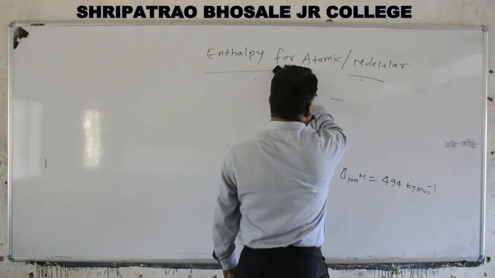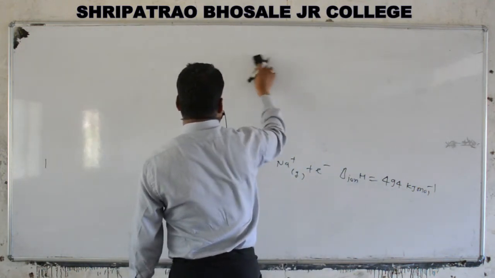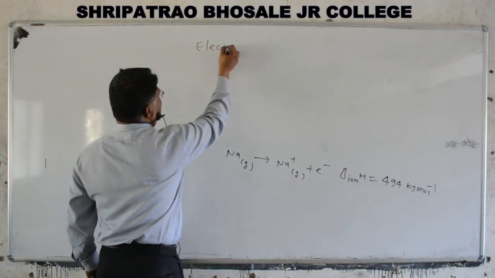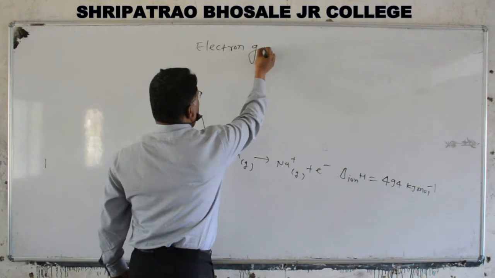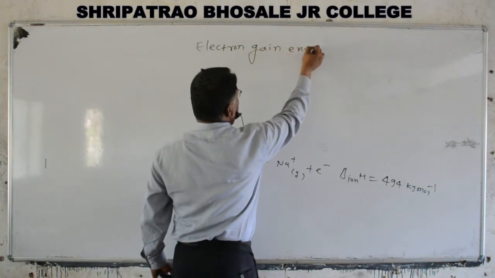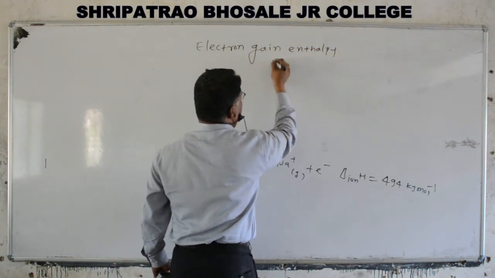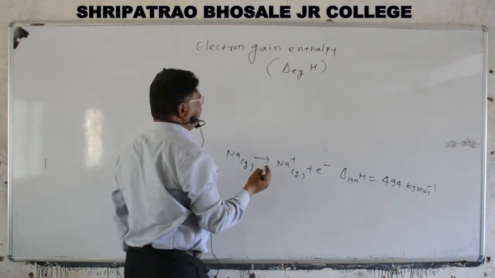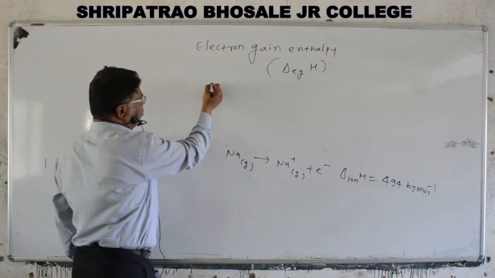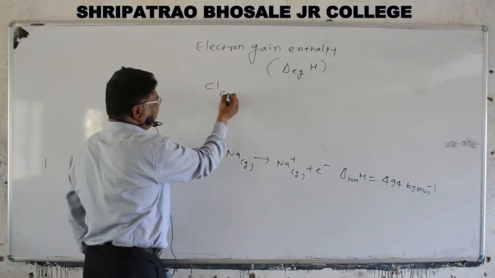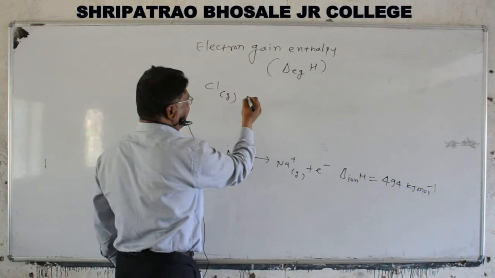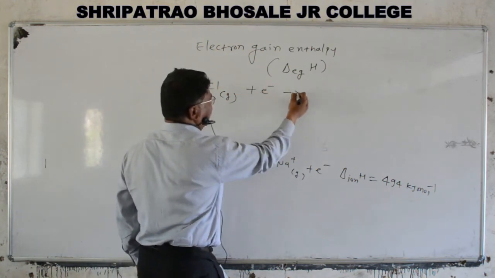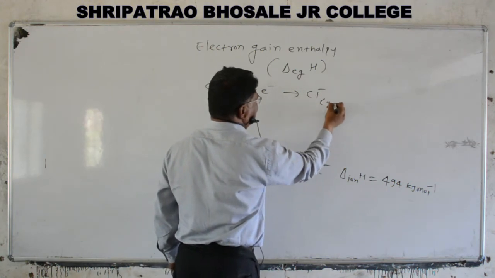Electron gain enthalpy, written as delta H Eg, meaning electron gain. You know that a gaseous atom of chlorine accepts an electron to form Cl minus gaseous.